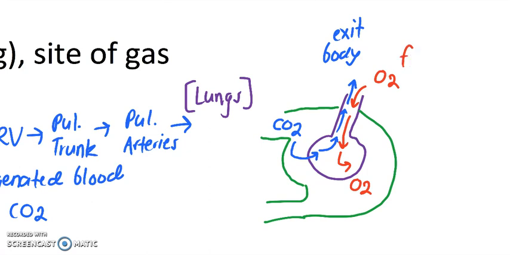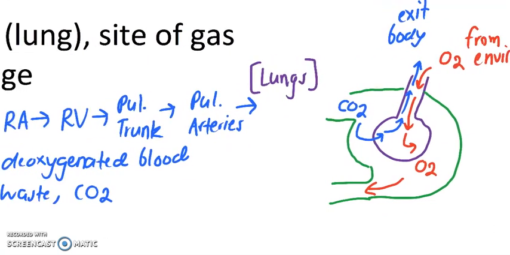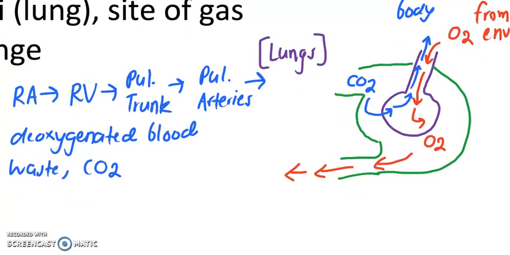And this comes from the environment. Okay, so now we are no longer deoxygenated blood. We are now good, fresh, oxygenated blood. So now we can return back to the heart.